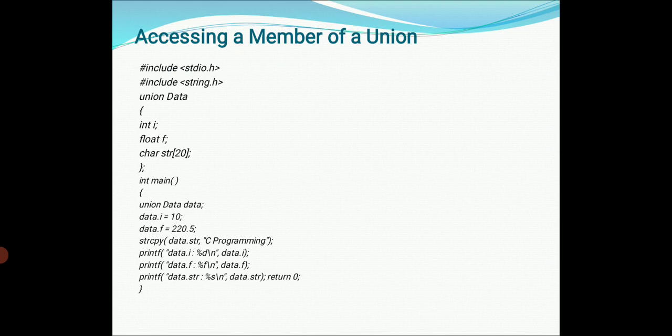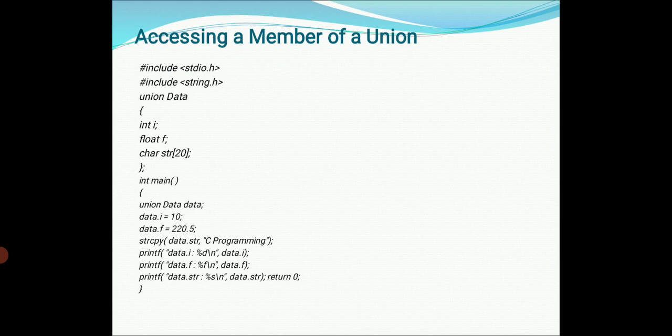Next, union Data. Data is the union name. Then opening braces: int i. i is a data member of Data, declared with the data type int. f is another data member, declared with the data type float.